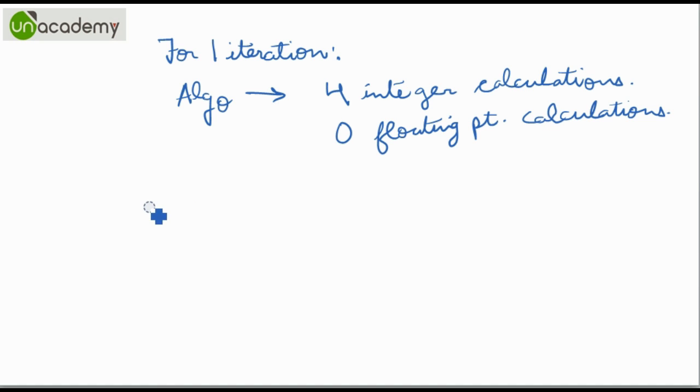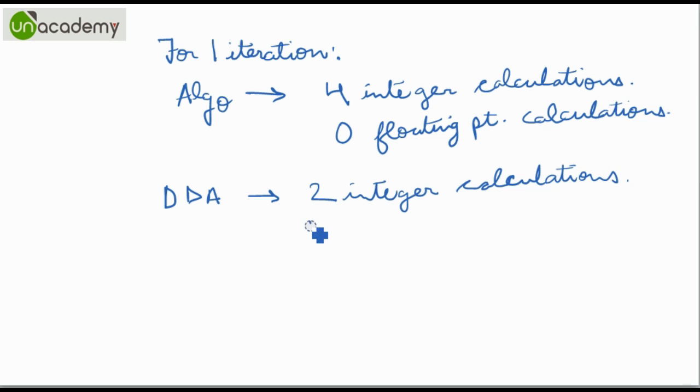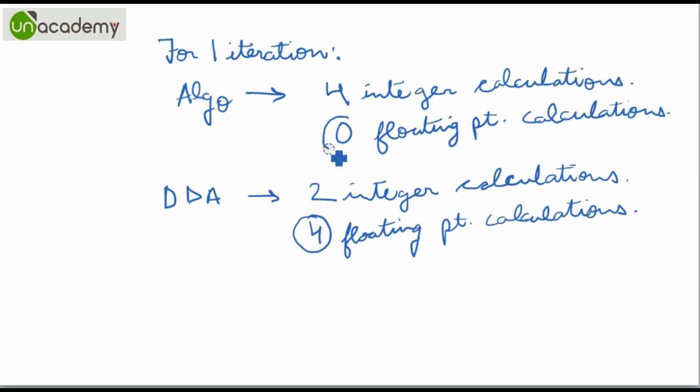In the other line drawing algorithms such as digital differential analysis, also known as DDA, we have two integer calculations and 4 floating point calculations. So you can see that the amount of floating point calculations is too high in DDA.